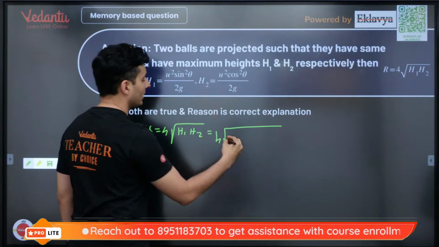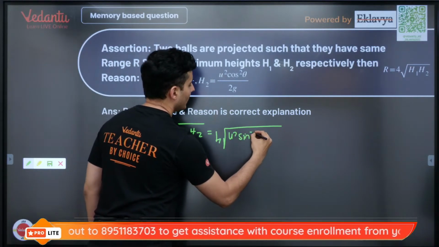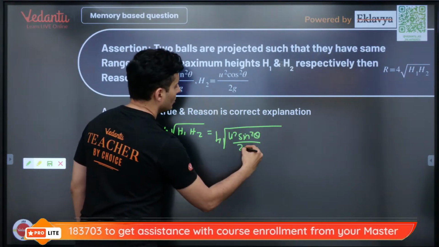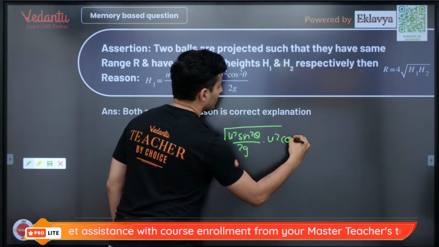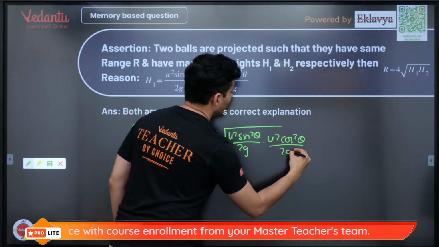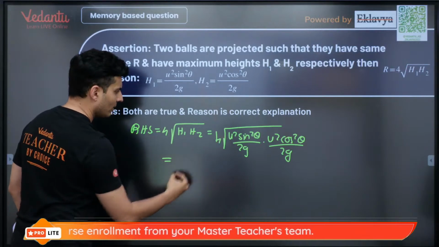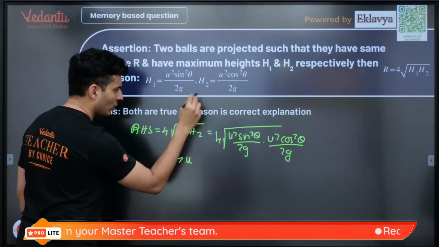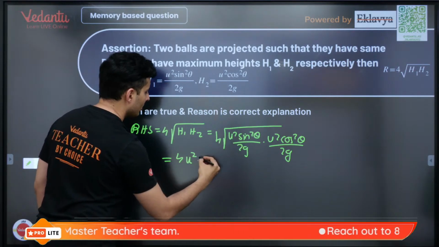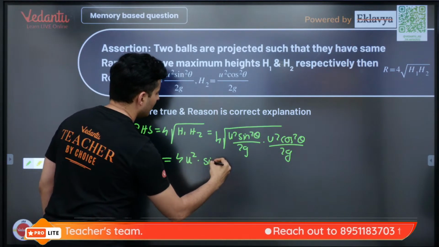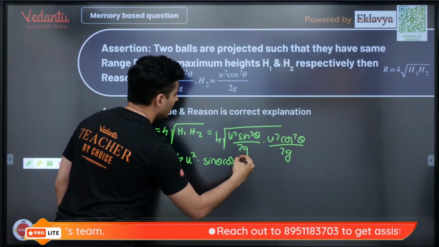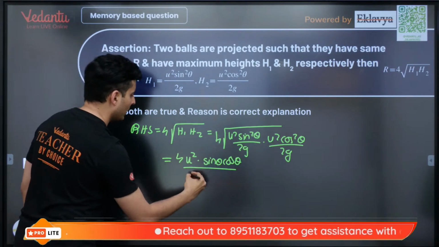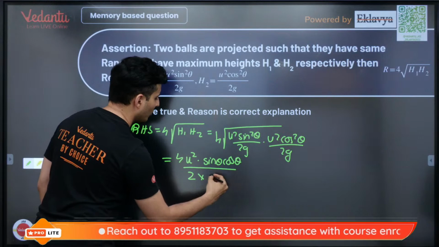it will be nothing but 4 times of this whole thing, which is u square sine square theta by 2g into u square cos square theta by 2g. You will notice it will become 4 u square into u square, u raised to 4, root of that is u square. So this will become sine theta into cos theta, and 2 2s are 4, root of 4 is again 2, into g square's root is again g.